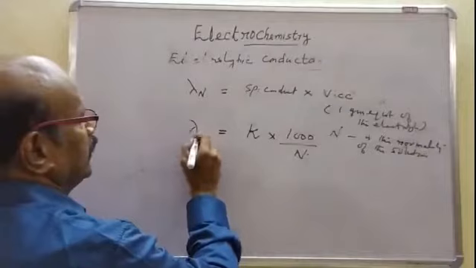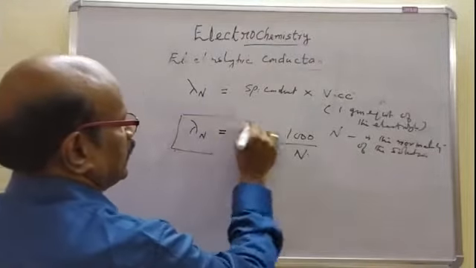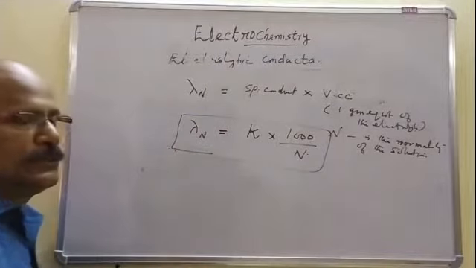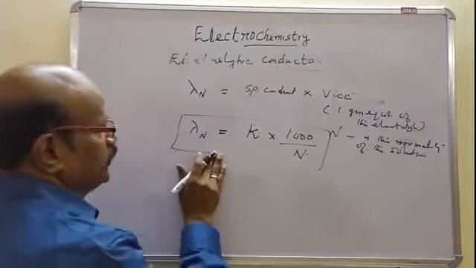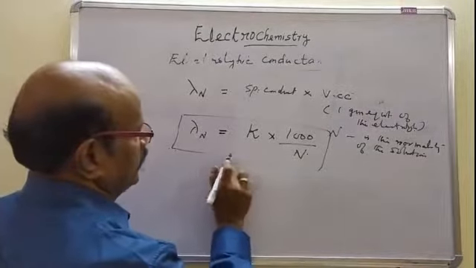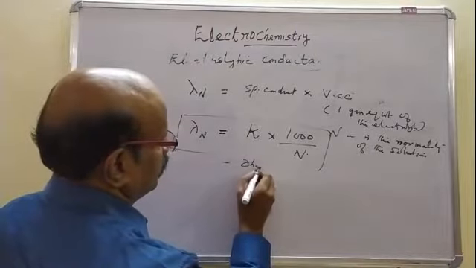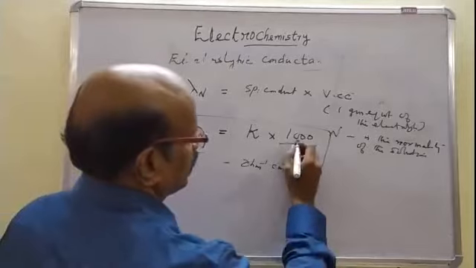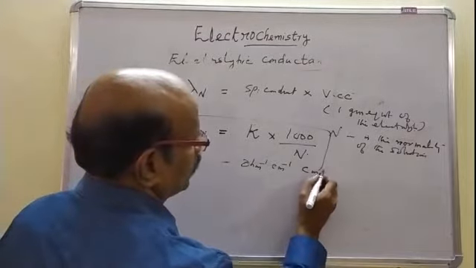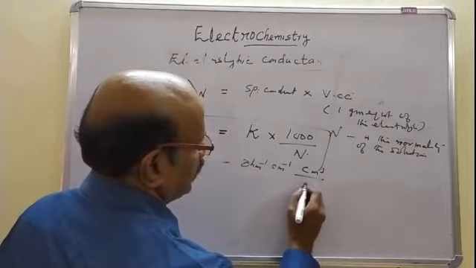So we have lambda N equal to kappa into 1000 by N, where N is the normality of the solution. Therefore the unit is: kappa has unit ohm raised to -1 centimeter inverse, into 1000 cc, centimeter cube, divided by equivalent.